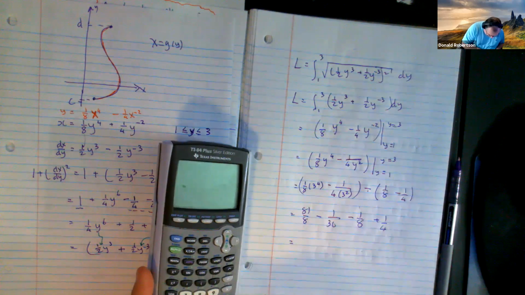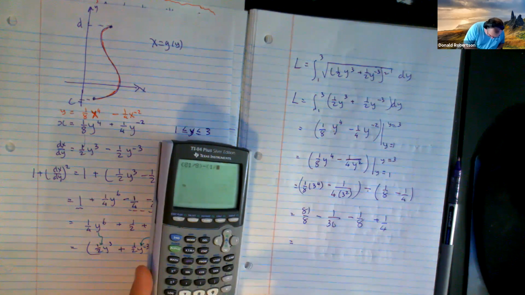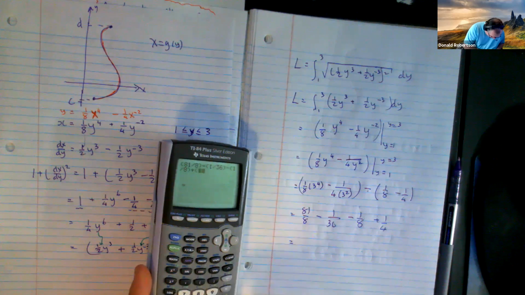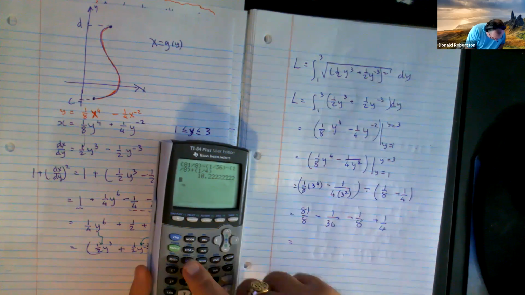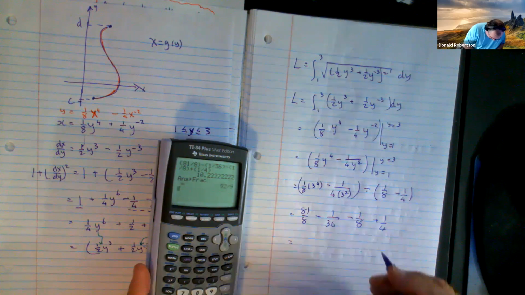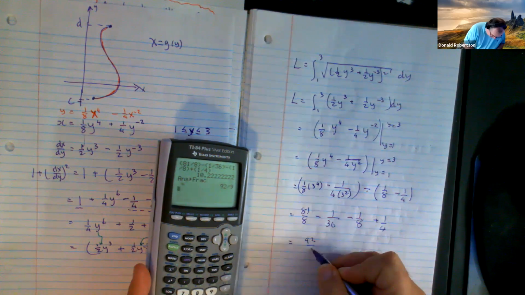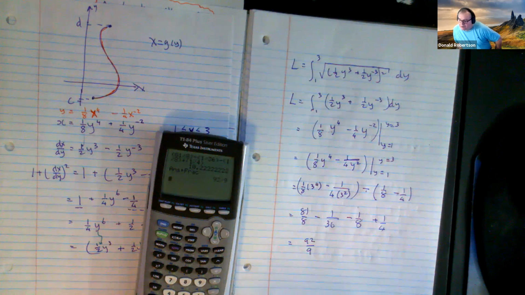So let's see what that one is. I have 81/8, take away 1/36, take away 1/8, add 1/4. A horrible decimal. But then you press the math button, choice 1, and turn your answer into a fraction. 92/9. Looking good.